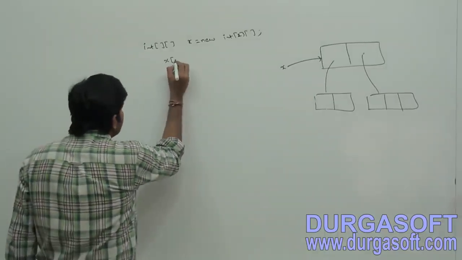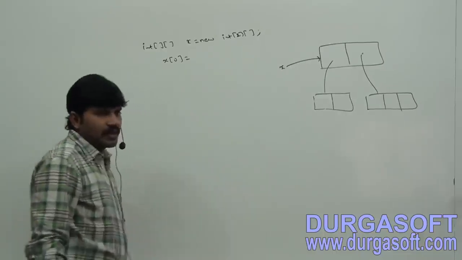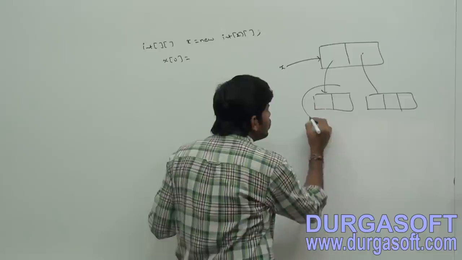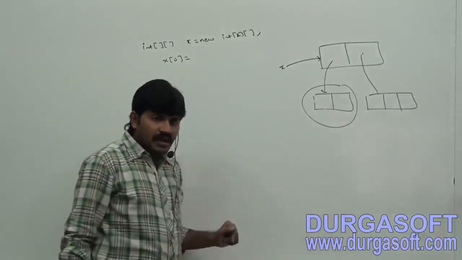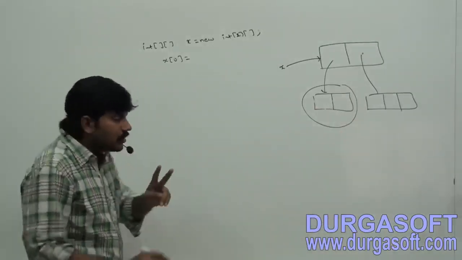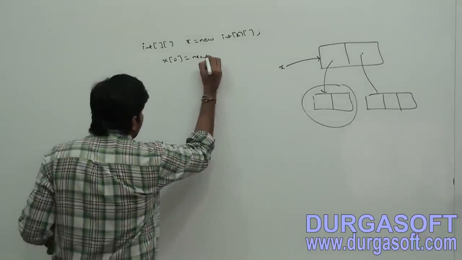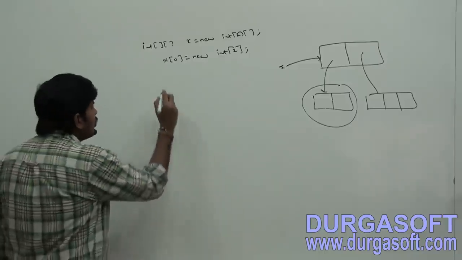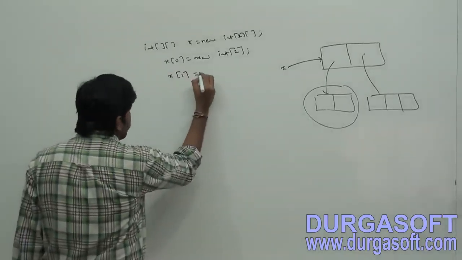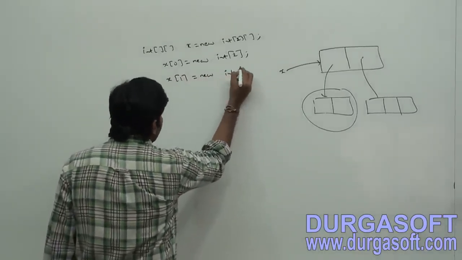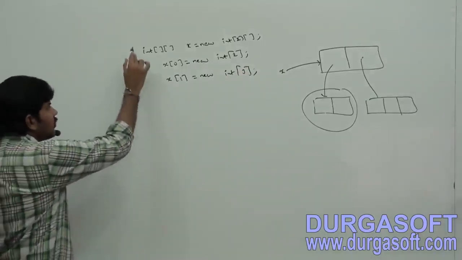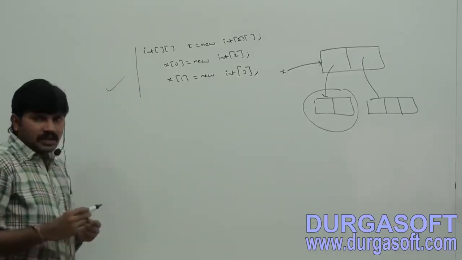x of 0 is nothing but this one. Can you tell x of 0 is what? One dimensional array with the size 2. New one dimensional array with the size 2. Next, x of 1 is equal to new one dimensional array with the size 3. Any explanation required?